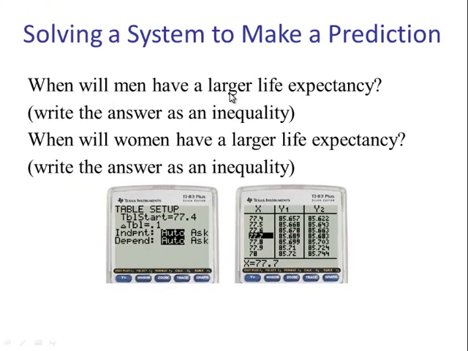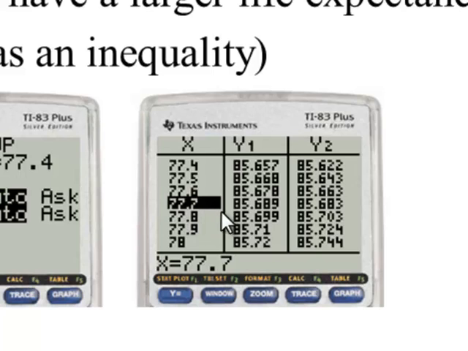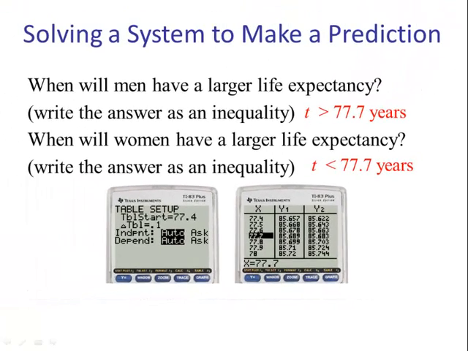So men will have a larger life expectancy when t is more than 77.7 years. Less than 77.7, we see that Y1 is larger than Y2. So we would say when t is less than 77.7 years, women will have a larger life expectancy.